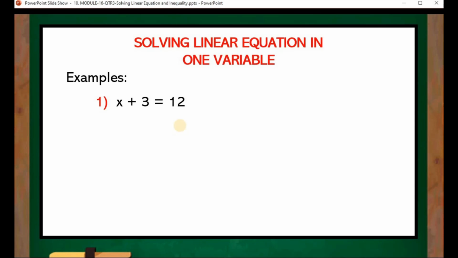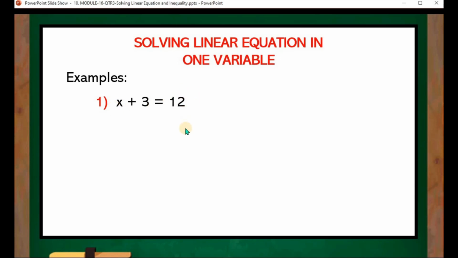So, by just looking at the equation, as you can see, may x, dinagdagan ng 3, and it should be equals to 12. Ang aim natin sa equation ay to make it balance. So, ibig sabihin, kung ano yung nasa kanan, yun din yung nasa kaliwa. But since we have the variable here, we need to think, what should be the value of this variable so that it should be equal to 12?